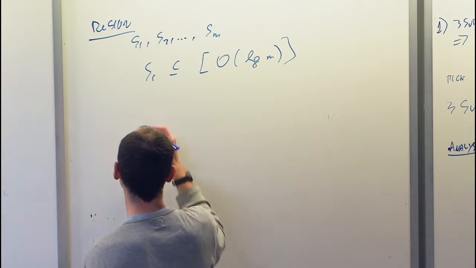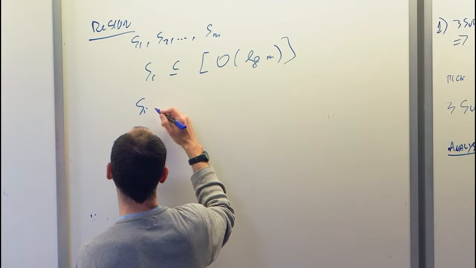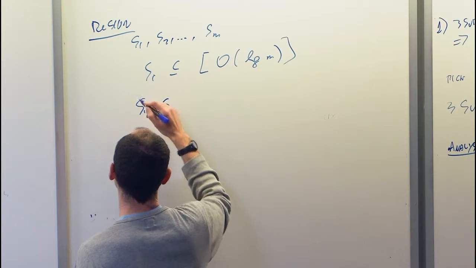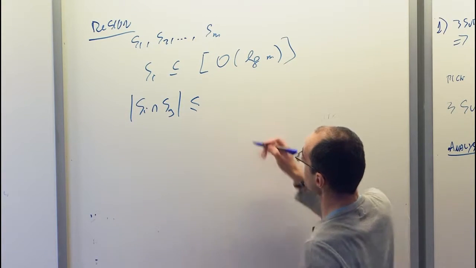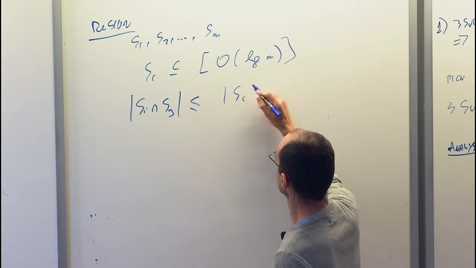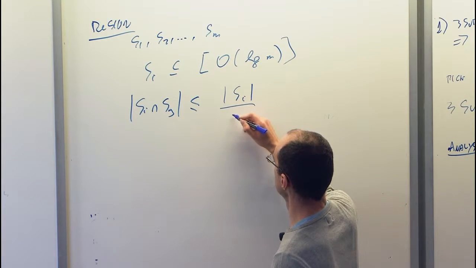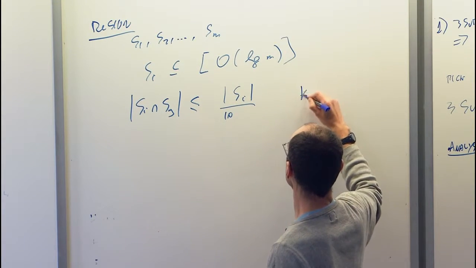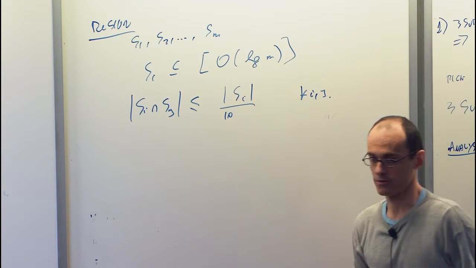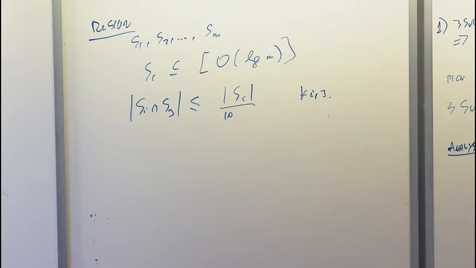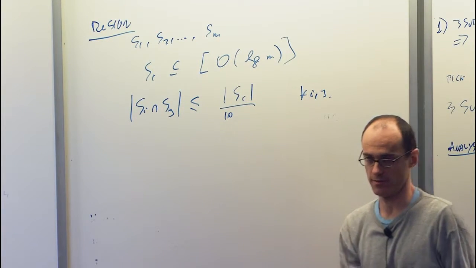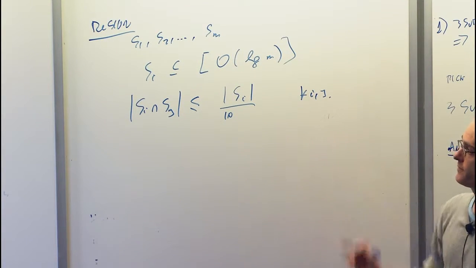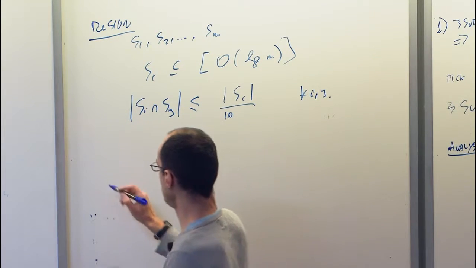And the property that I need is that S sub i intersect S sub j would be at most, say, the size of S sub i divided by 10 for every i and j. So the intersection of any two is fairly small compared to the size. And the number of sets has to be exponential in the universe size.